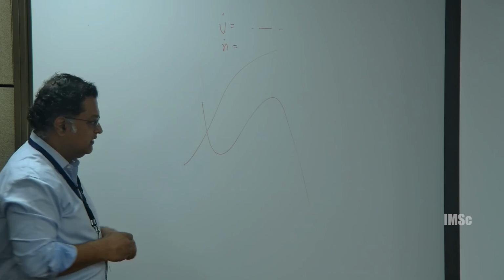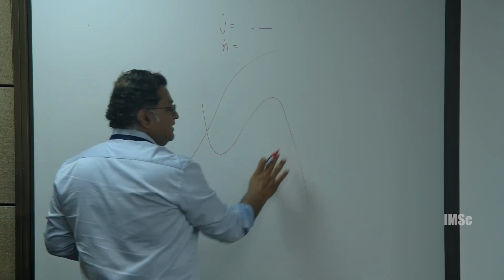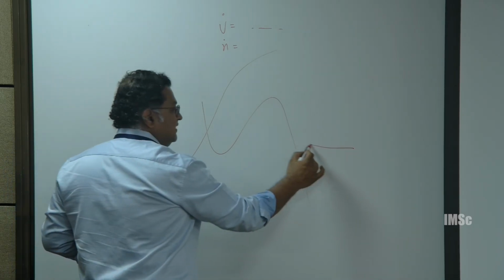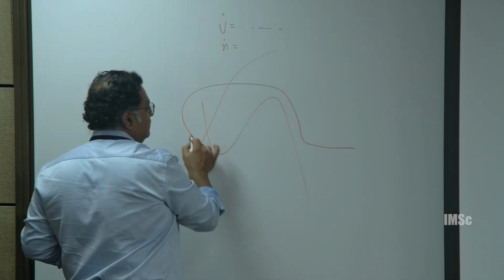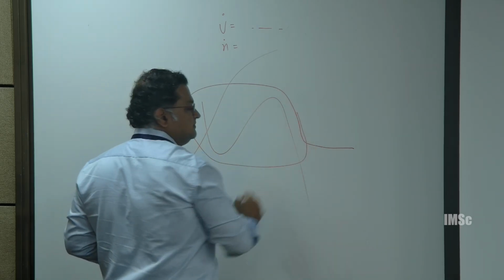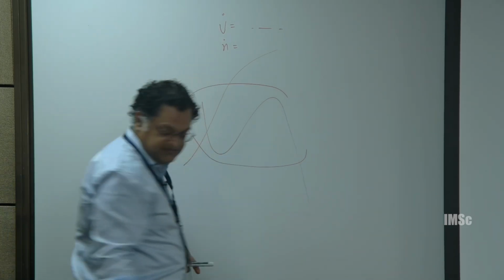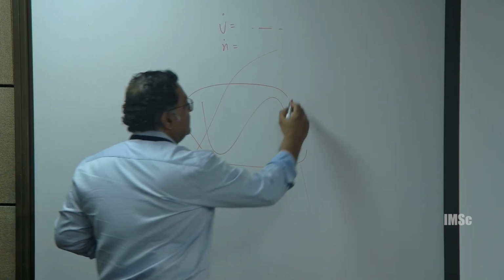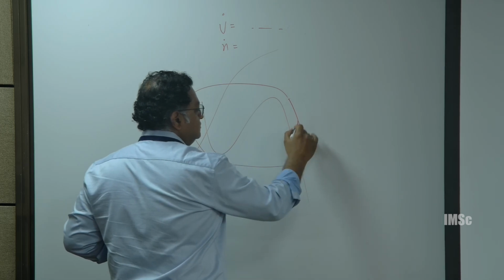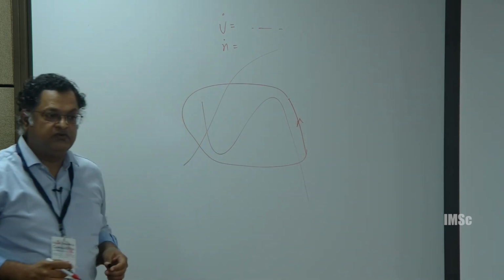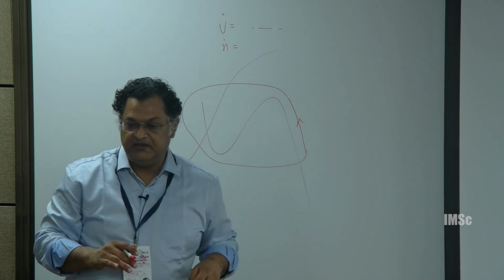What that means is the following: when you see a nullcline picture like this, you will see the trajectory come along like this, move like that, and go around like that. Sorry, I shouldn't have overlapped my trajectories. Like this. This corresponds to the oscillation that we are familiar with.